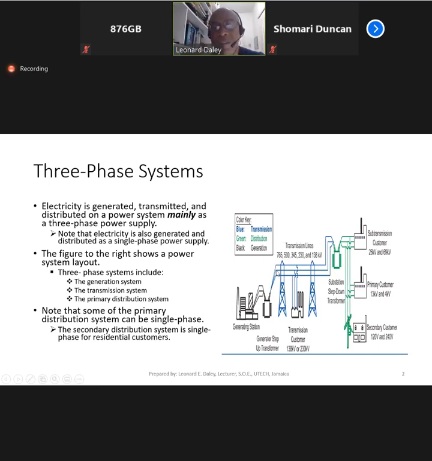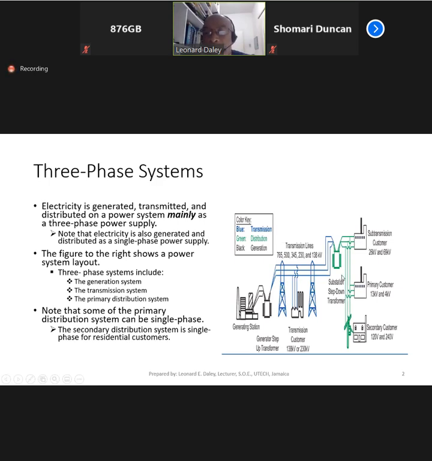So, as Mr. Johnson rightly said, at the generating station you have a three-phase system, and this is indicated by the three lines coming out. And also at the transmission level, you have a three-phase system.